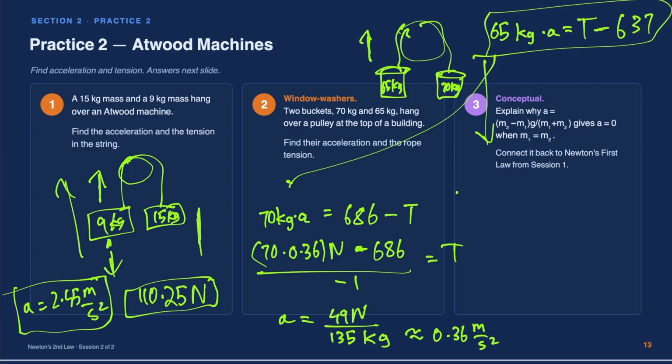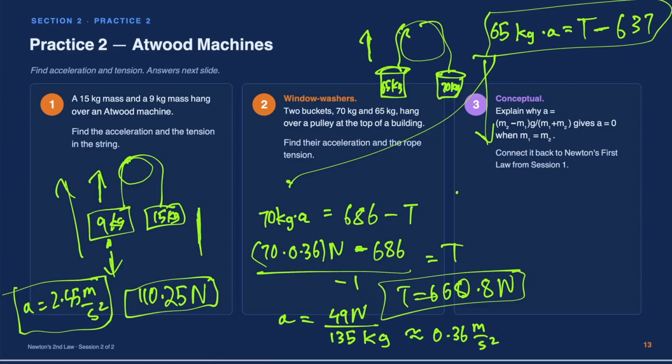So it's 70 times 0.36 minus 686, divided by negative 1. So your tension should be 660.8 newtons. Okay? So that's pretty neat.